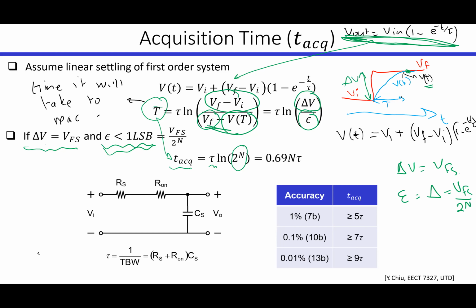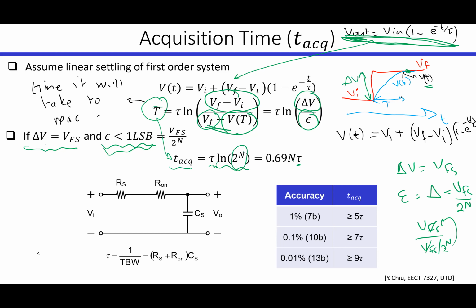Now, when you put V full scale over V full scale over 2 to the power n, this will cancel with this one and 2 to the power n will come up. That's why it came out like this. So now if you take n outside of the natural log and find the natural log of 2, it comes out to be 0.69 multiplied with n and tau.